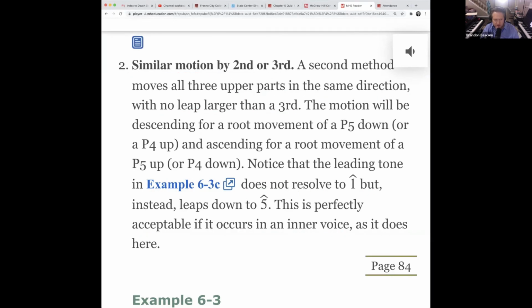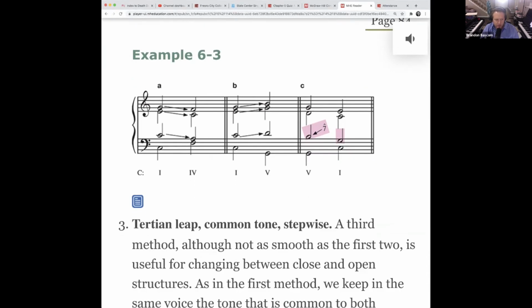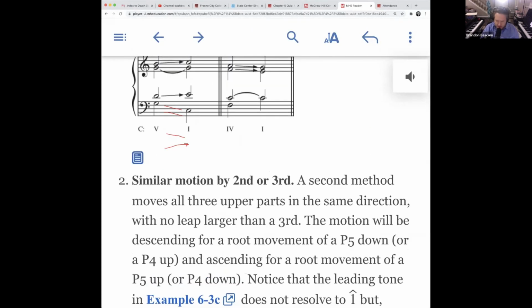So let's see what this looks like in action. Here we go. Our bass part moves up a fourth. Everything else moves down. No more than a skip in the opposite direction. What was it called again? Similar motion by a second or third.